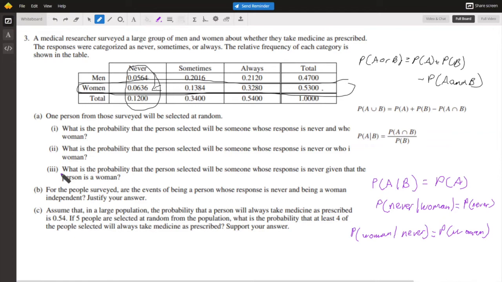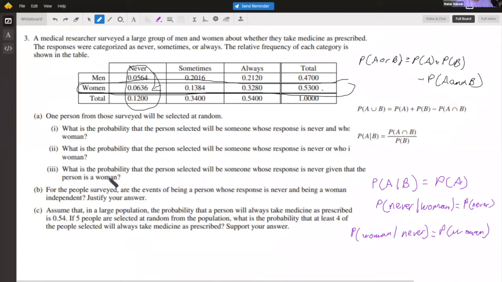Is it 0.5864? No, how'd you do that? For the third one, I just did 0.65, which was the addition of the two, minus 0.0636 in order to get rid of the repetition.